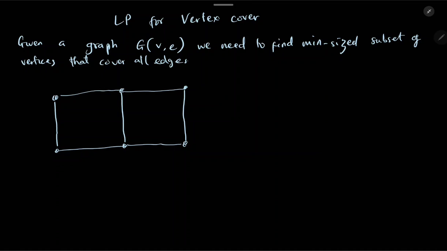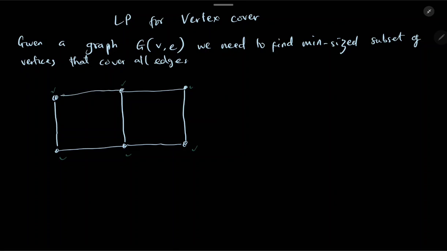And we want to find its vertex cover. That means we want to find a minimum size subset of vertices that cover all edges. If we choose all vertices, it covers all edges correctly, but can't we choose a lesser number of vertices that can also cover all edges?